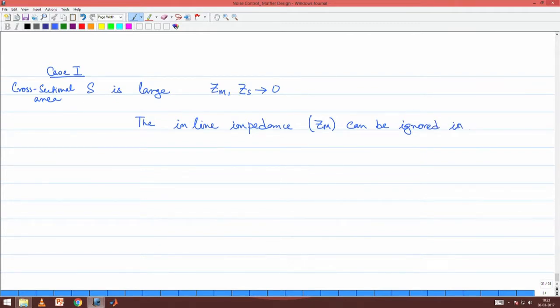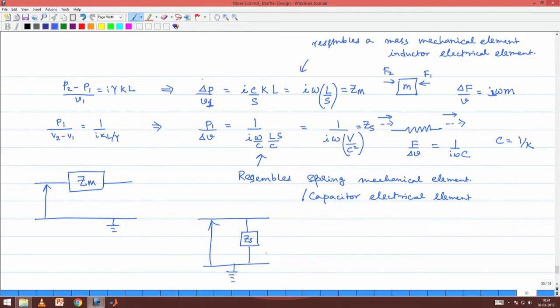Please understand, numerically both Zm and Zs are small, right. So, if you think numerically both are small, let me ignore both of them, that is not a valid argument, right. You can ignore the inline impedance provided it is small, but if the shunt impedance is small, you should not ignore it, you should take it into account such that you are able to capture the effect that a lot of the current will actually flow through the shunt path rather than the path which is downstream, the path which is after the shunt position.